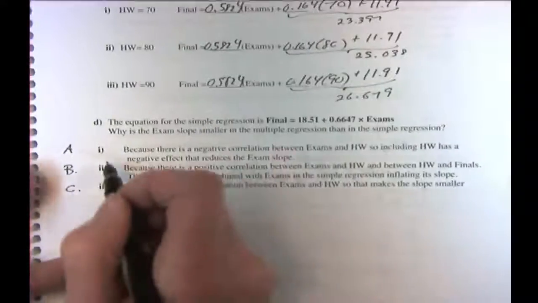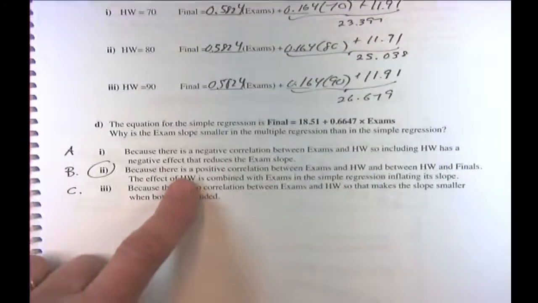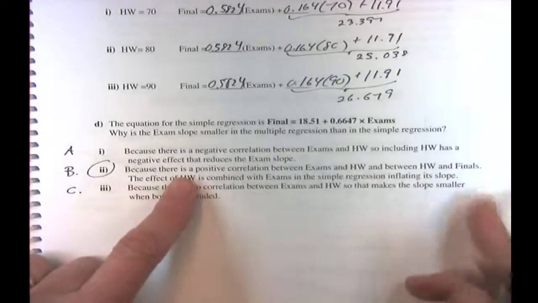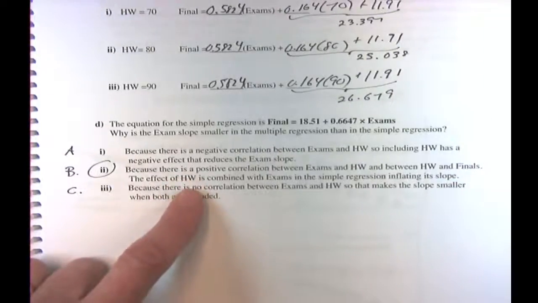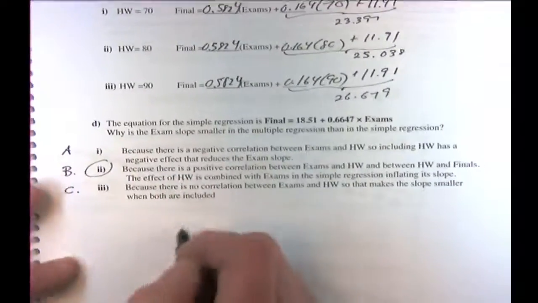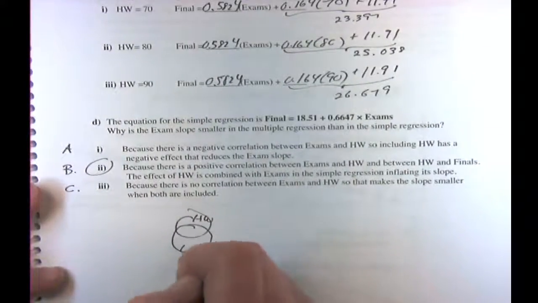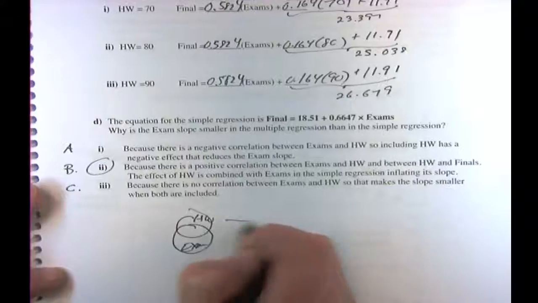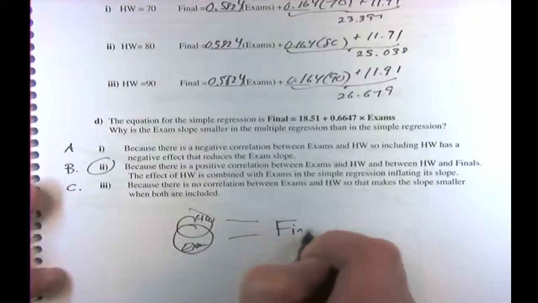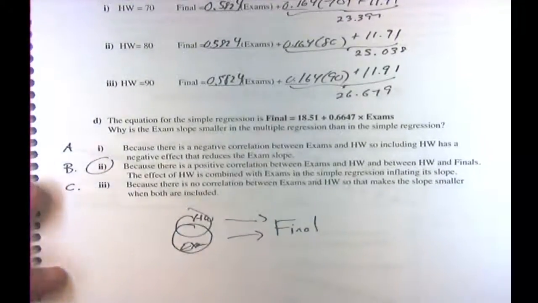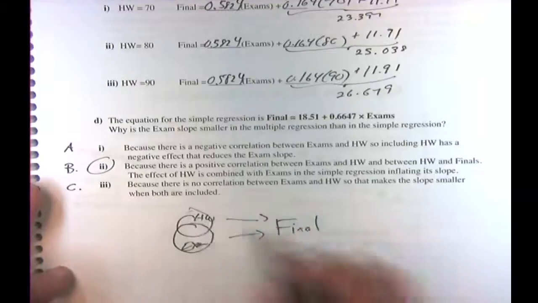So it is B. Because there's a positive correlation between exams and homework, and they're all positively correlated, we're in this situation: homework, exams, predicting final. And we've got this overlap.